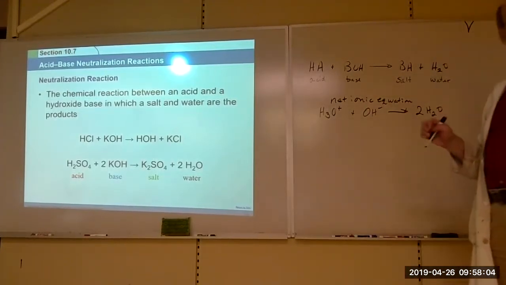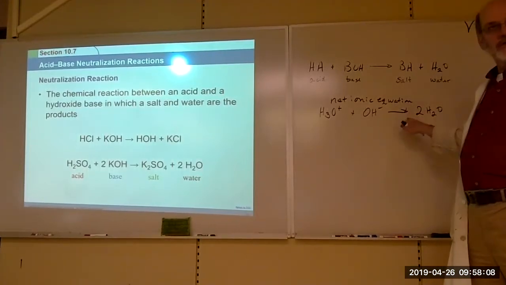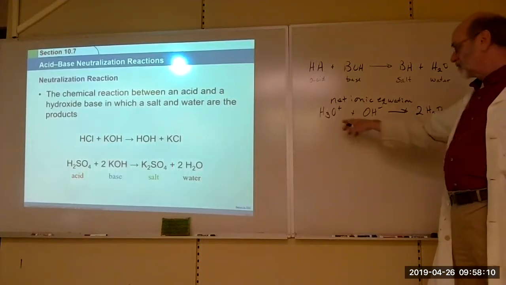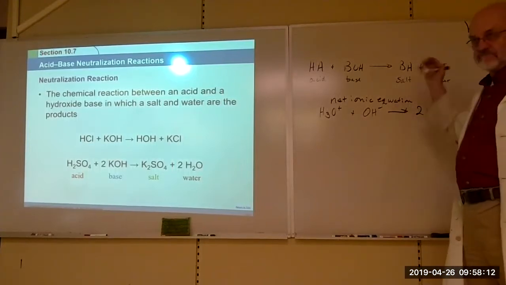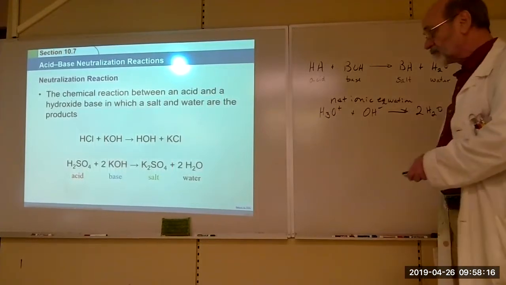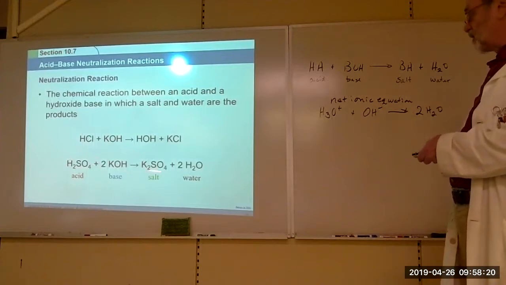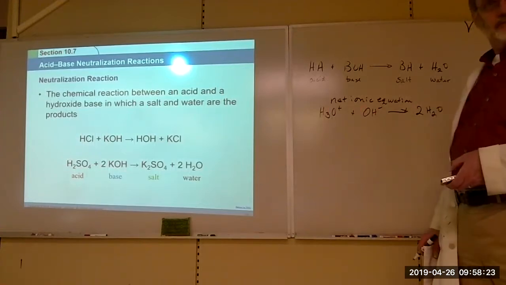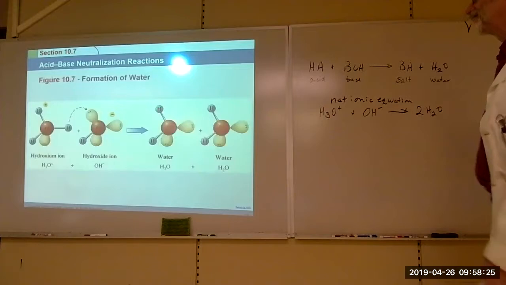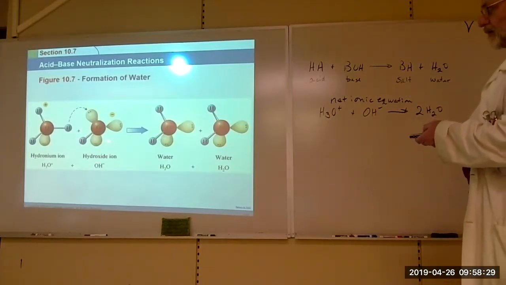And for a neutralization reaction, this is always the equation that operates. Acid, base, water. That's it. So you can change the acid, you can change the base, and you still get this. That's what they're trying to illustrate.